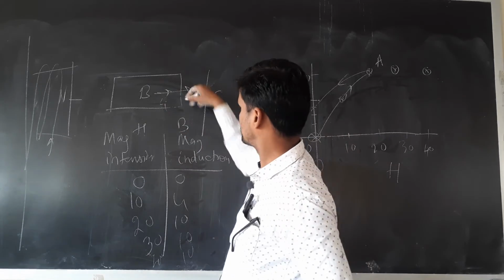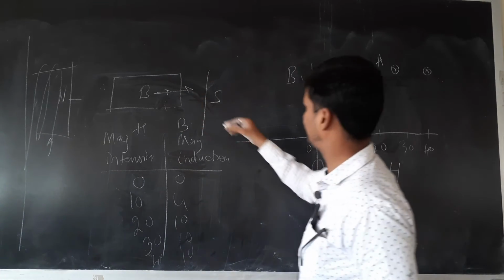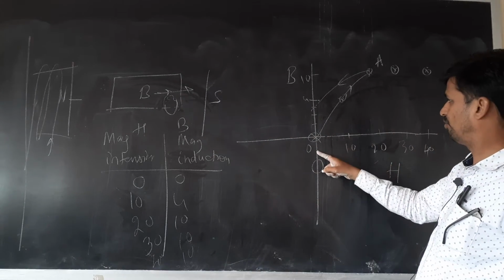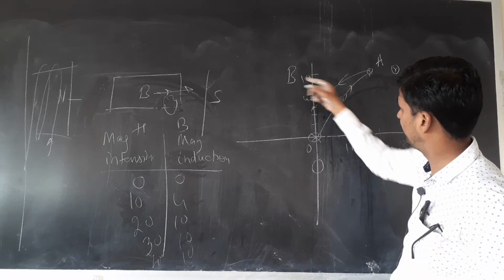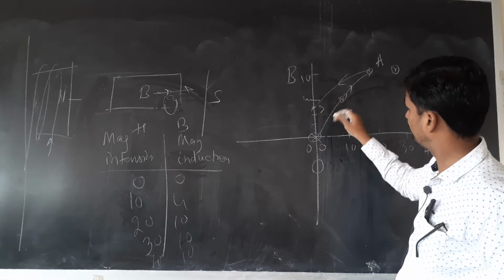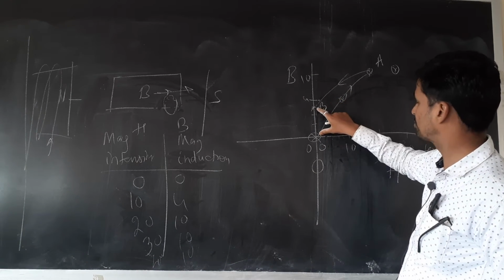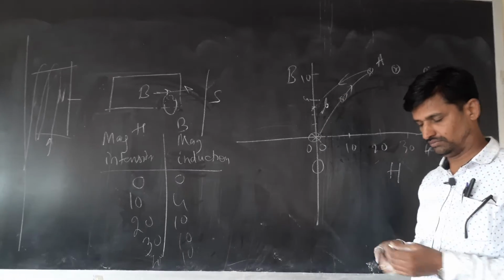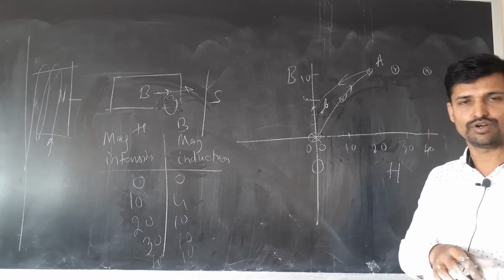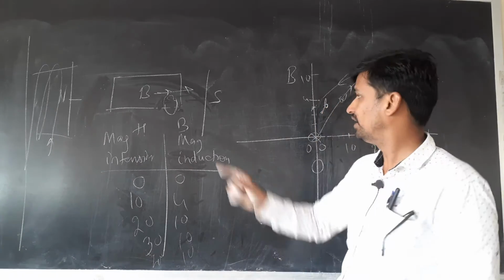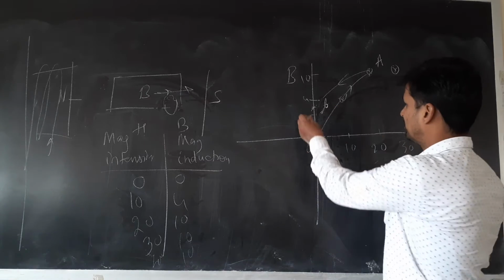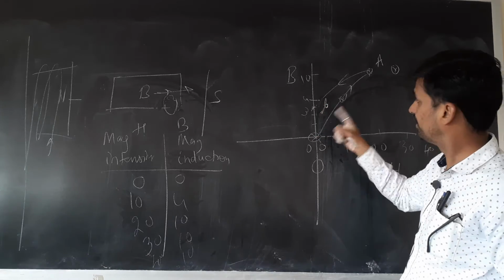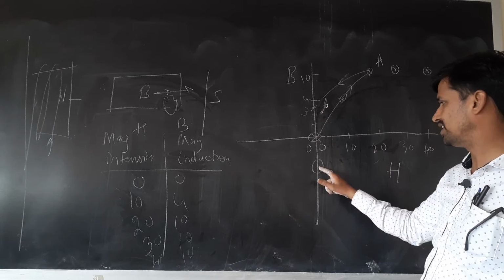It will still have some magnetism within, maybe it is 3. 3 is retained; see here, H is made 0, and inside how much magnetic field is remaining? 3. This OB is called retentivity or remanence. The amount of magnetic induction retained, example 3, even when the external magnetic intensity is made 0.